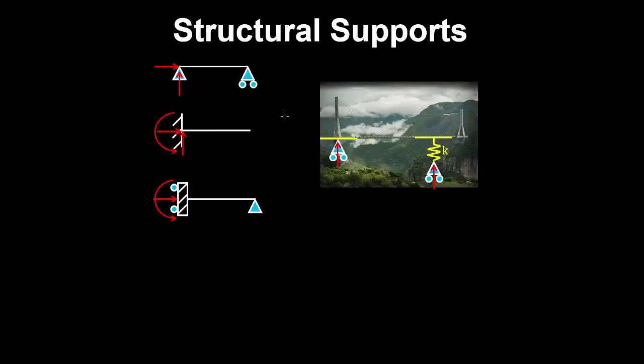We'll start with our study of structural engineering by identifying the types of structural supports which determine how a structure behaves to support externally applied loads.